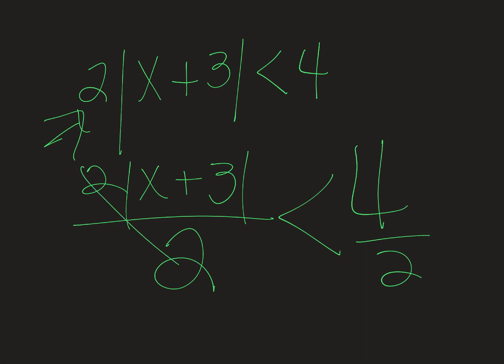That's how you get rid of the 2. I'm not going to give you these problems right now, but I do want to show it to you real quick, and then we'll get to it more. So then you would have the absolute value of x plus 3 is less than 2, and then you would go on and do your compound inequality, okay? But don't panic, because I'm not going to give you any of those problems right now, okay?